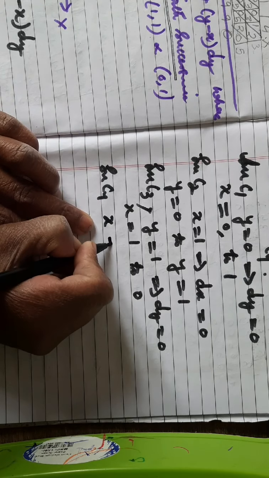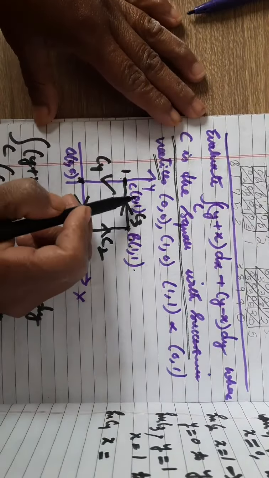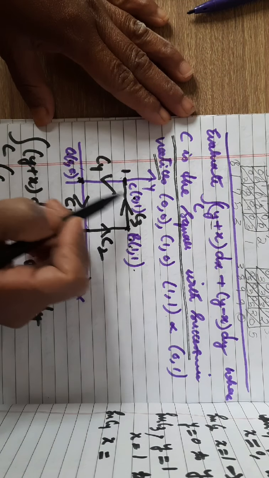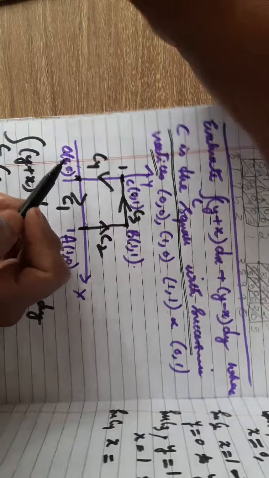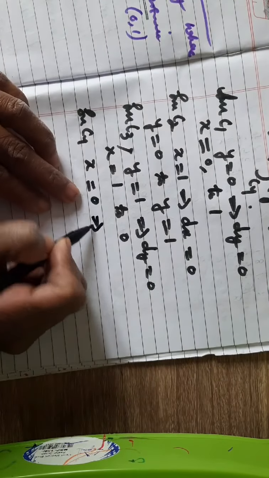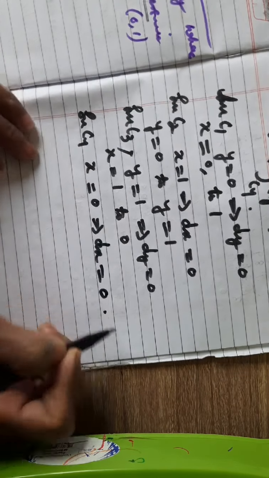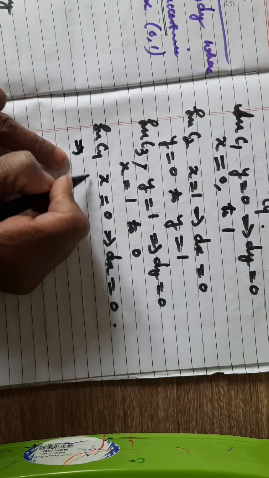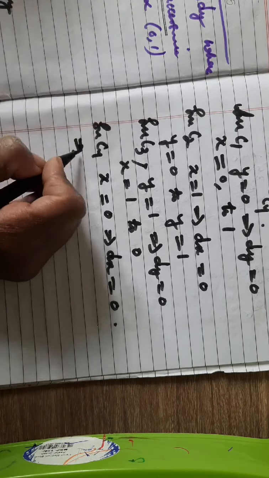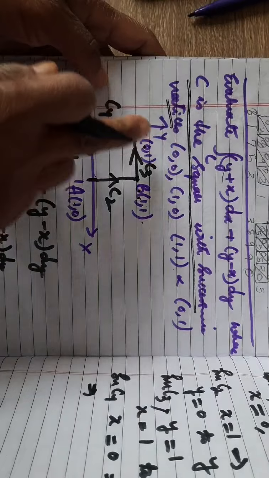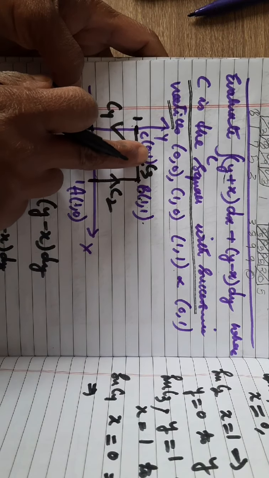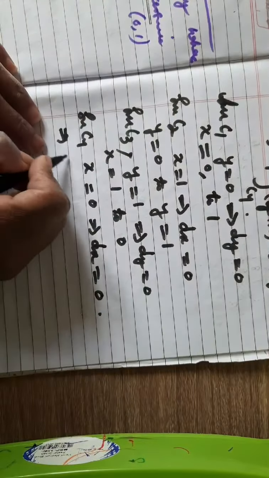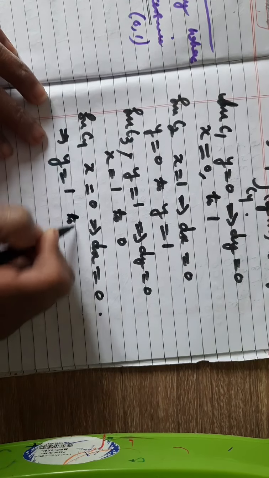In C4 you can see that the x coordinate is 0 here, and at the origin also it is 0. So the x coordinate is fixed as 0. This implies that dx is equal to 0. But what about the y coordinate? y is equal to 1 here and 0 here. So y varies from 1 to 0.